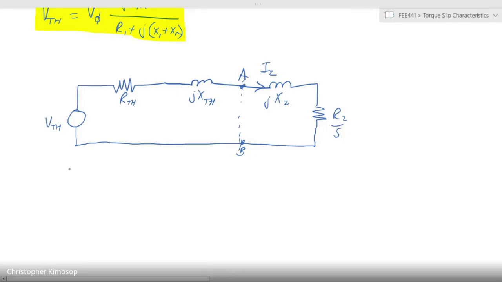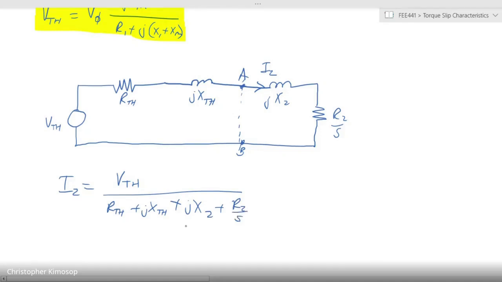This in turn means that we can get I2, which will be equal to the voltage over the sum of all the impedances that are there, which are R Thevenin plus jX Thevenin plus jX2 plus R2 over S, okay?